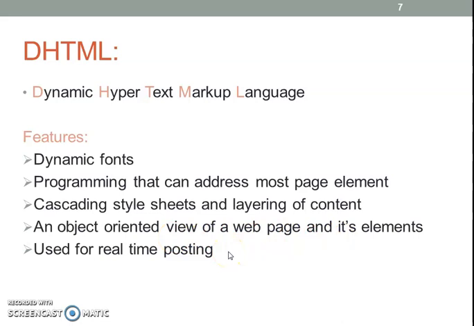You already know what an object-oriented view is. It means already built programs like library functions are useful to create interactive web pages by using DHTML, and are used for real-time posting applications in DHTML programming.